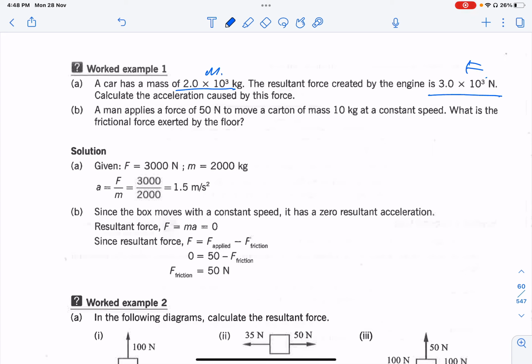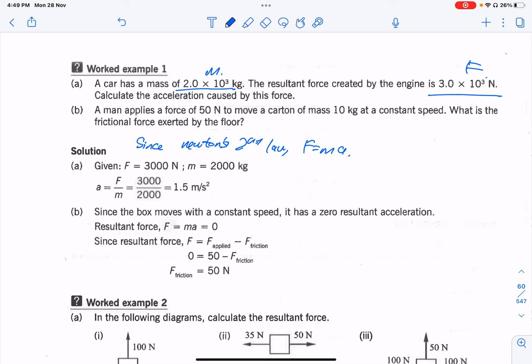Since Newton's second law, F equals ma, and given that F is 3000 Newton, M is 2000 kg, acceleration will be force divided by mass, and you'll get 1.5 meter per second squared.